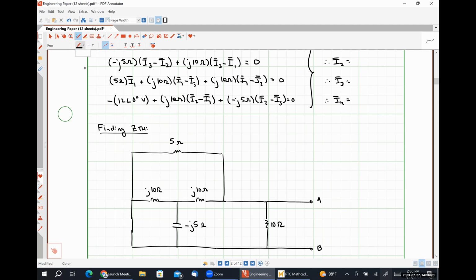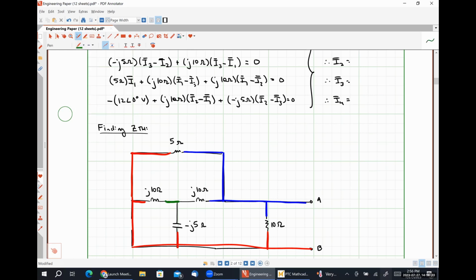So I'm going to go ahead and identify my nodes here. We have this large red node. Then we have this blue node.